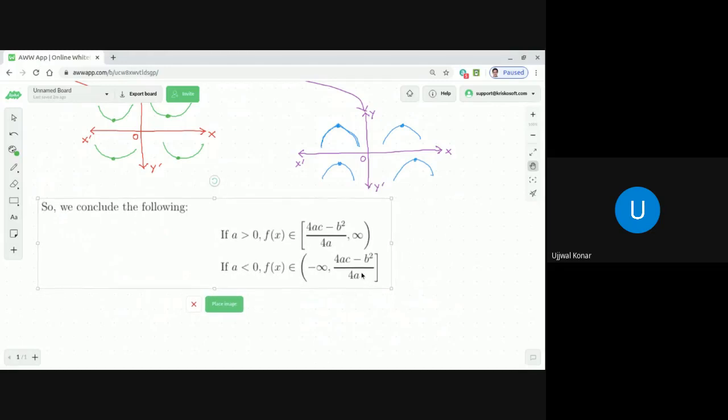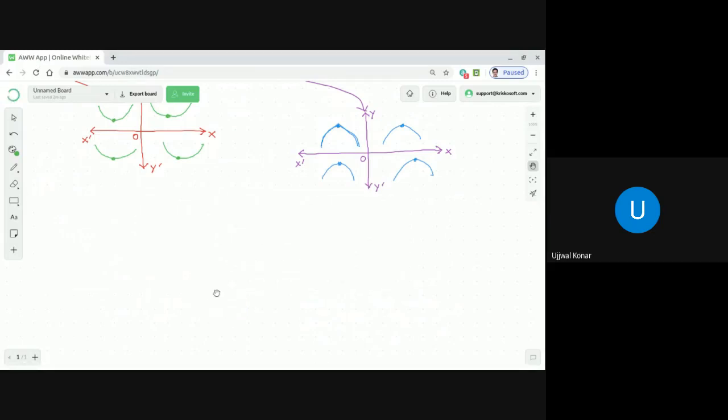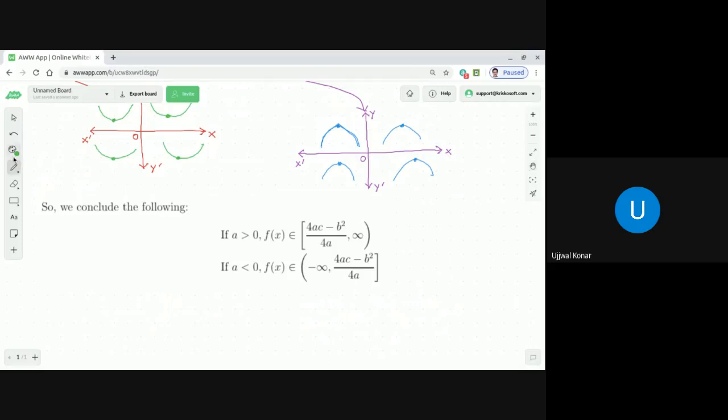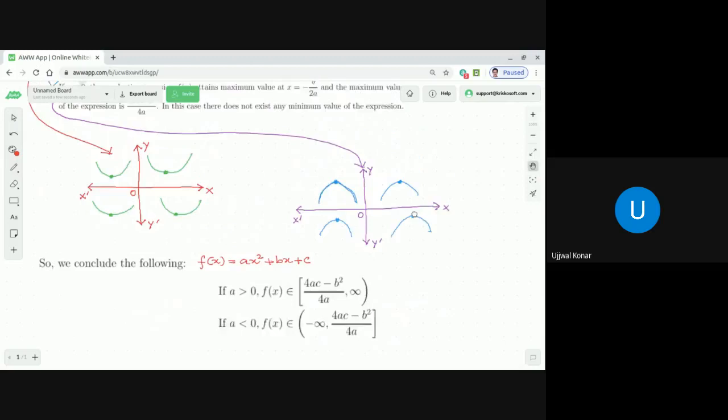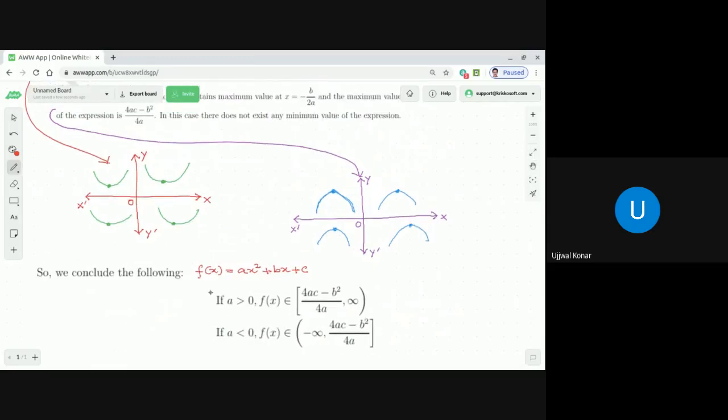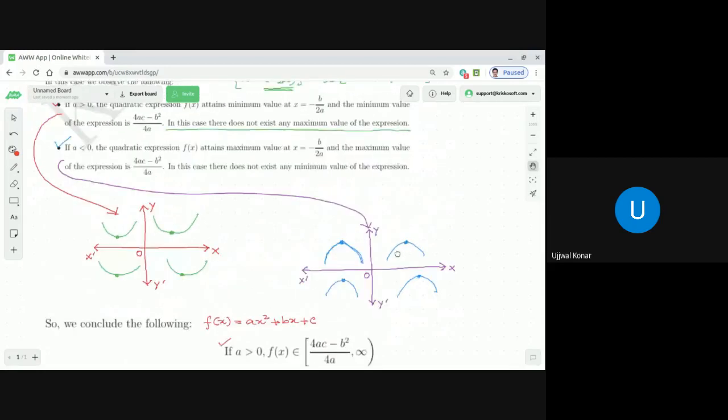For a quadratic expression f(x), where f(x) is equal to ax square plus bx plus c, if a is greater than 0, then the value of f(x) ranges from 4ac minus b square by 4a to infinity. It means it has a minimum value, which represents the green curve I drew above, correct?